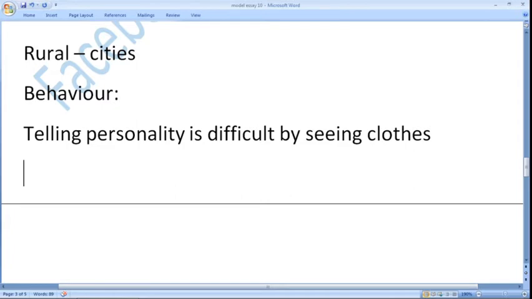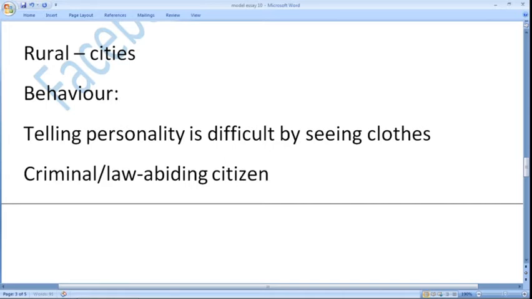Okay, criminals and law abiding citizens. And other is, for example, children. We cannot tell about children's behavior by seeing their clothes, because they have not chosen the clothes, their parents have chosen their clothes.